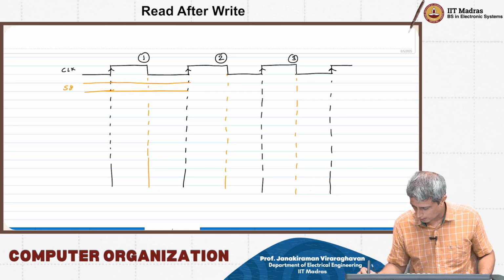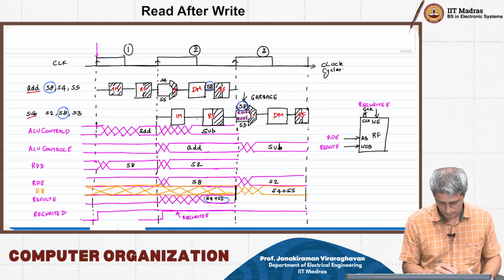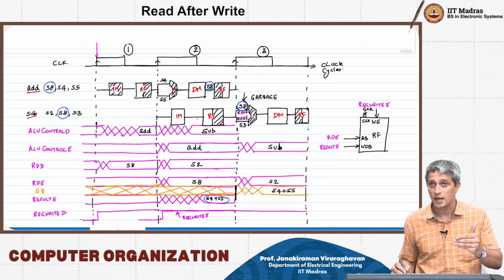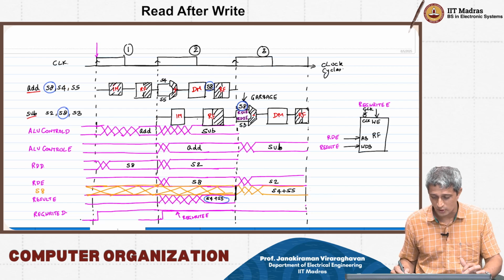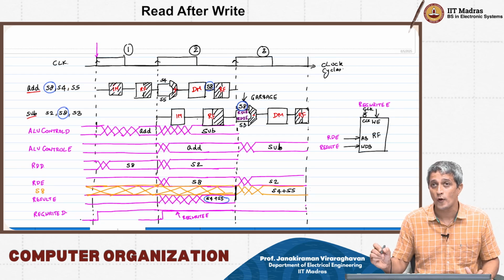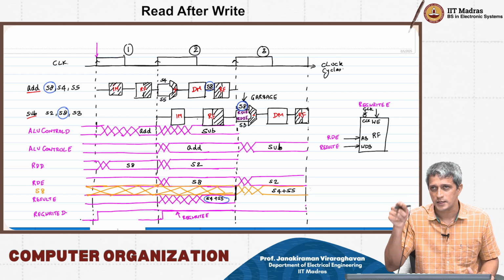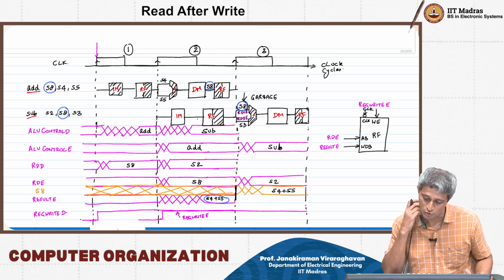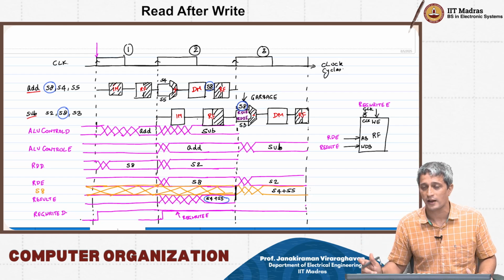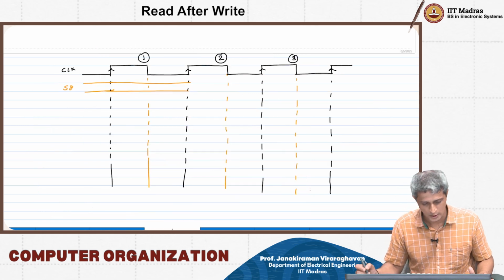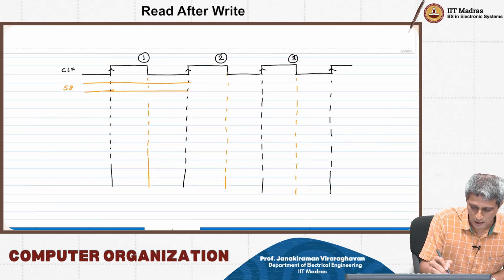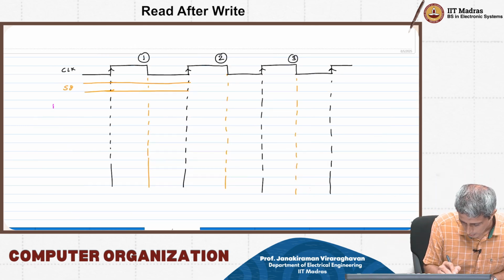Now let's go back and look at what is getting written. I'm going to take only the signals that are going to the register file, which happen to be RDE, result E and reg write E. Let me plot that alone separately here.